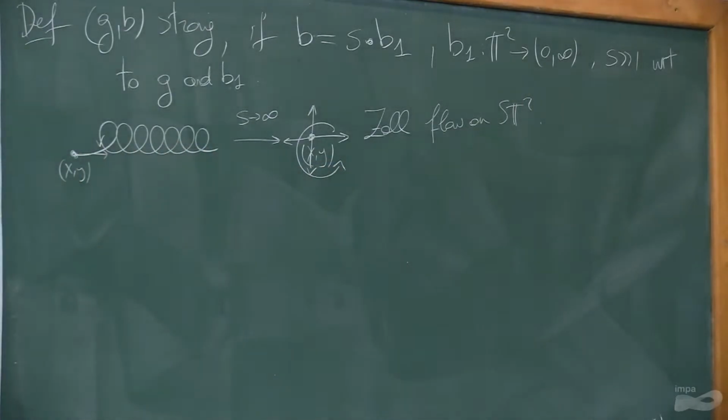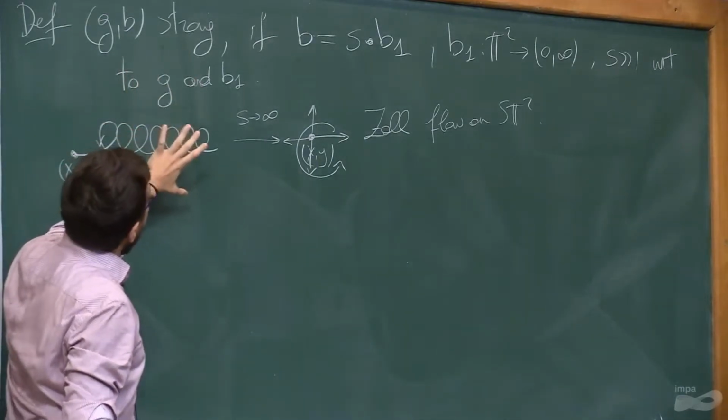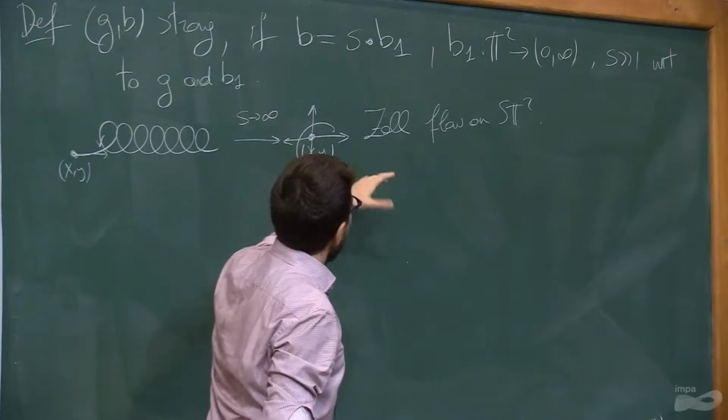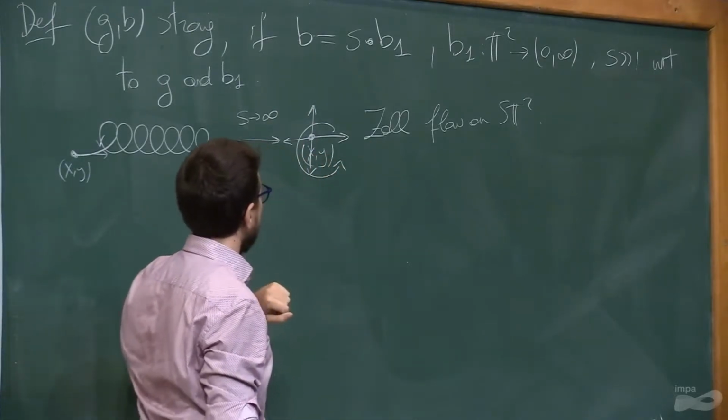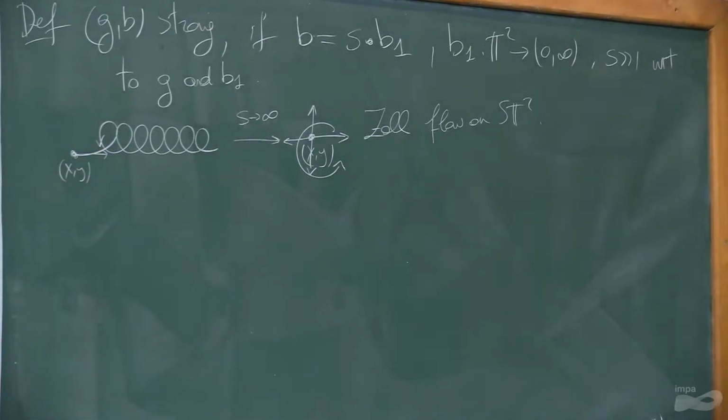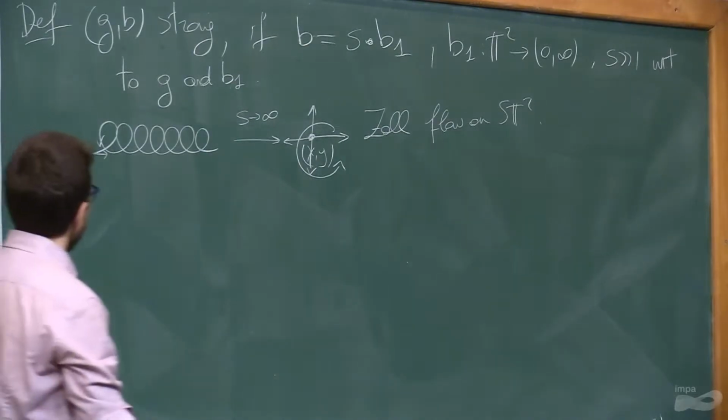So we can see that also in the strong case, our system is close to a Zoll system, even though this system here is not really a magnetic system because every point stays fixed. So in these two cases, we can use this perturbative result to find these periodic orbits.